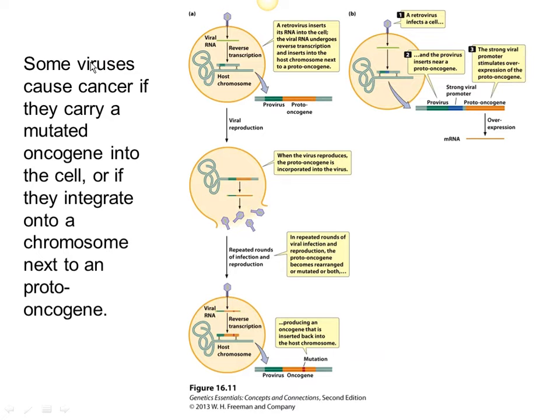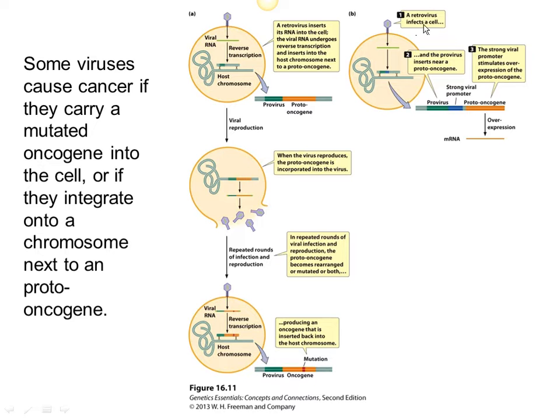So the way that they can cause cancer is either, I'm going to show you, it's really right down here. Either the virus carries, this little spot here is a mutation on the oncogene. The virus brings in a mutated oncogene which integrates onto the host chromosome, and then the cell expresses that mutated oncogene and it becomes cancerous.